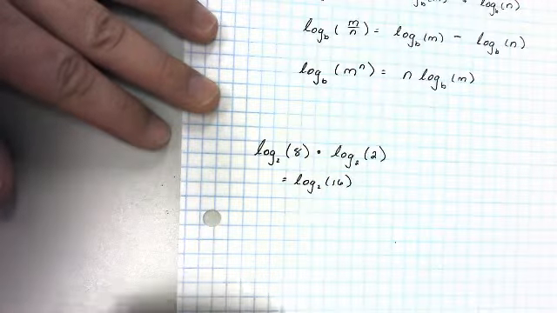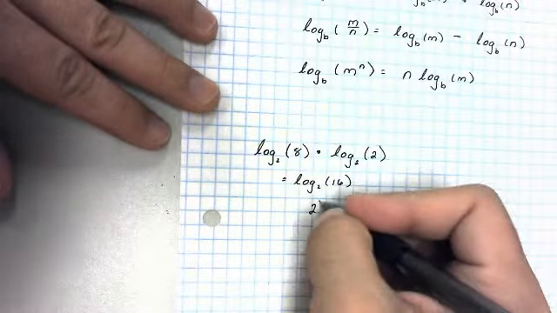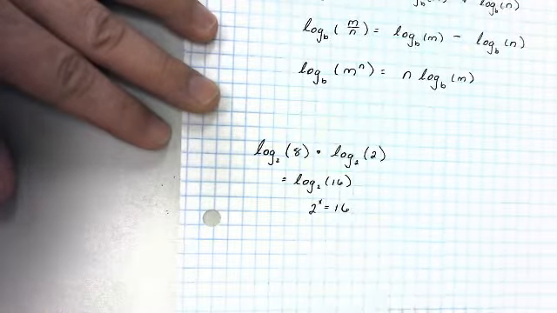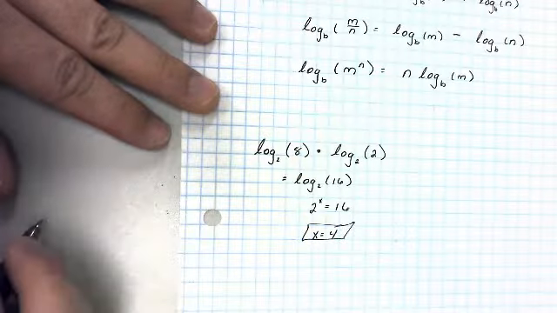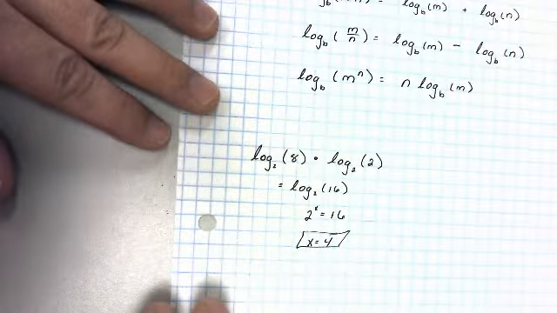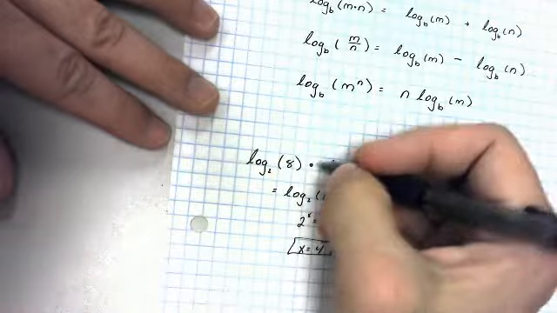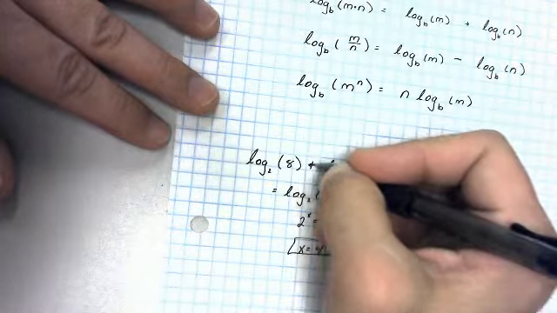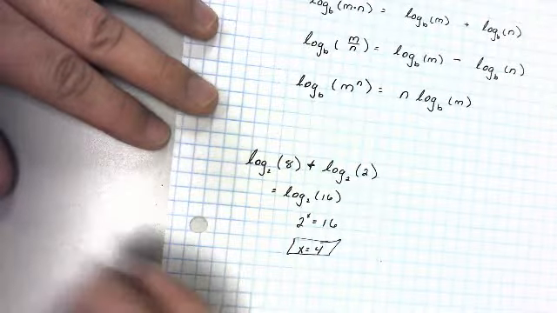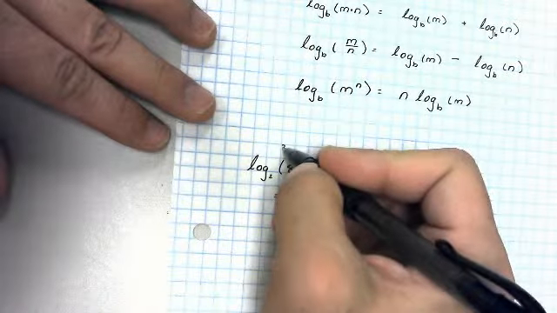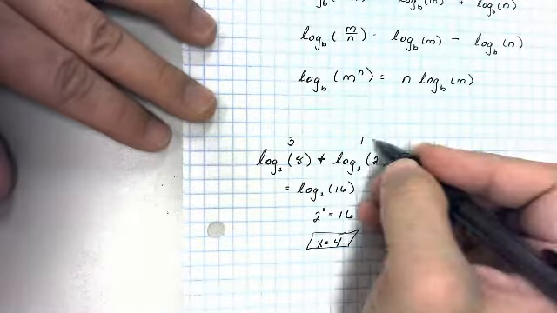And by the way, we know that log base 2 of 16 would just be 4. If you look at the original problem, that is a 3 and that is a 1, so that 4 holds true.